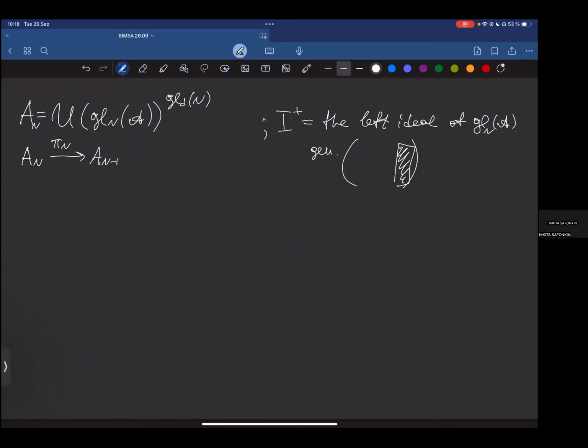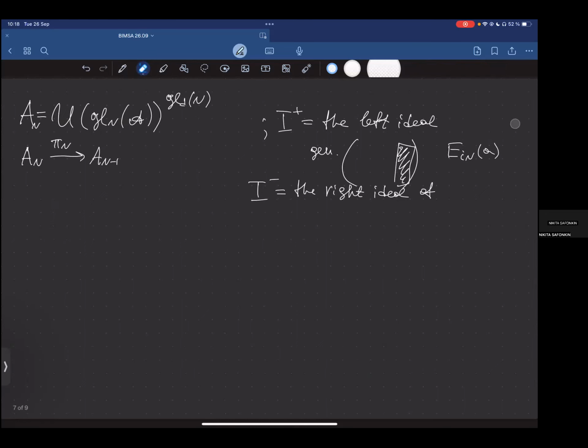So it is generated by I_N of A. One more ideal which I would like to consider is a right ideal of the same algebra.